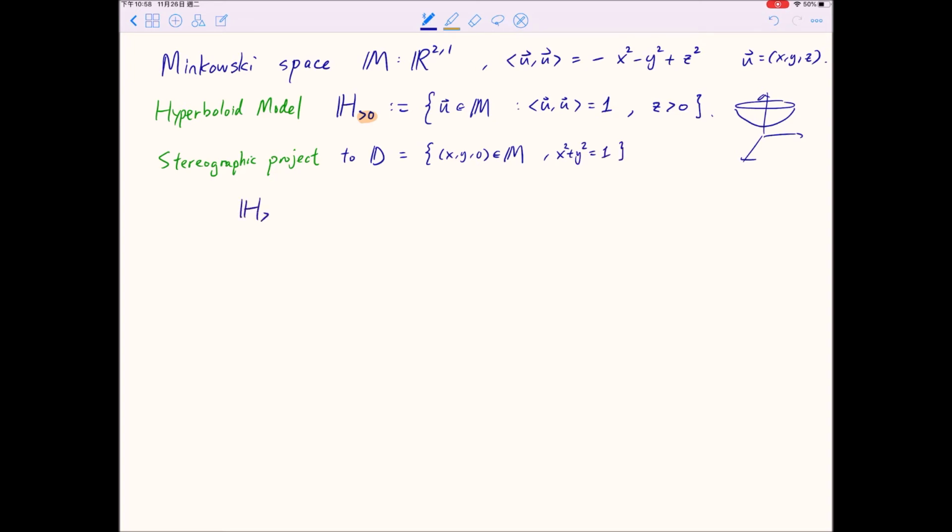So it is a standard stereographic projection. Given a point here, let's say u, we map it to the point on the unit disk given by joining the point with the point (0, 0, -1) and intersecting with the xy plane.